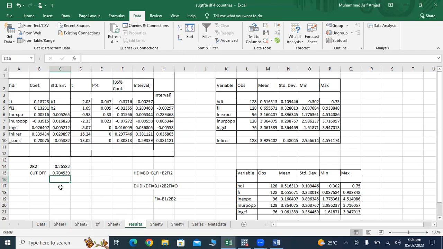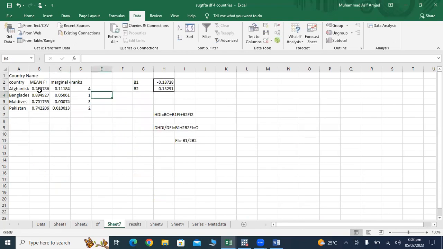The need is just to compute the average mean value of the financial inclusion. In this figure, I found the mean value of financial inclusion for Afghanistan, Bangladesh, Maldives, and Pakistan. I have already calculated this. This is the cutoff value.